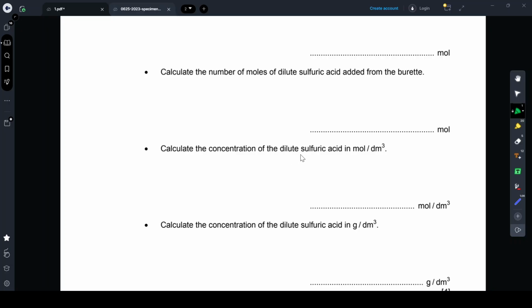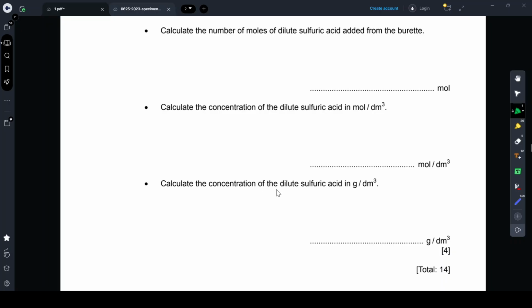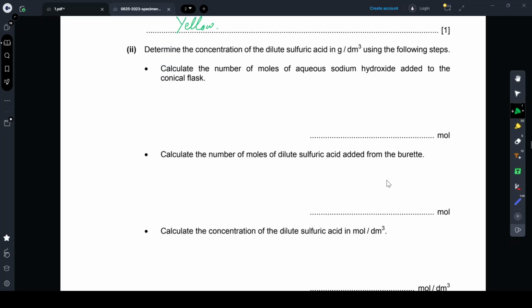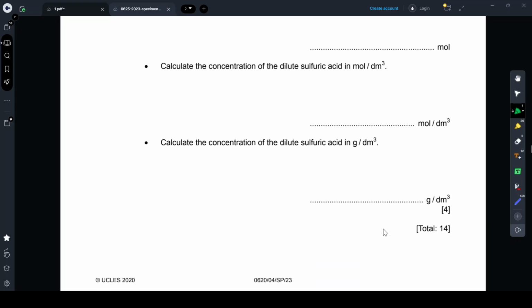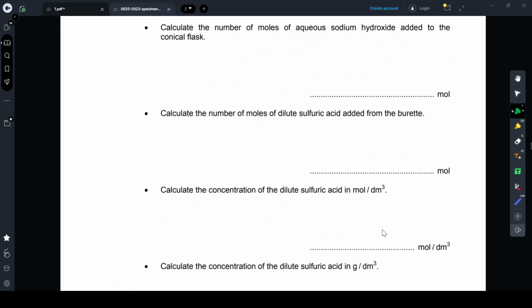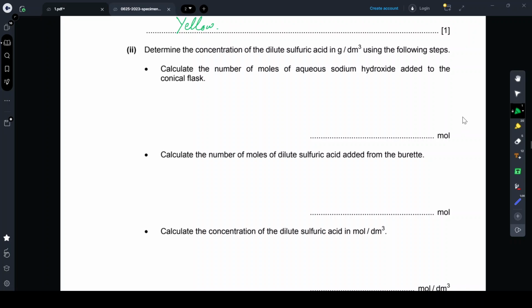Then calculate the concentration of dilute sulfuric acid in moles per decimeter cube, and then the concentration in grams per decimeter cube. So this is a total of 4 marks, 1 mark for each step. And this is a scenario where the rule of ECF, or error carried forward, will apply.